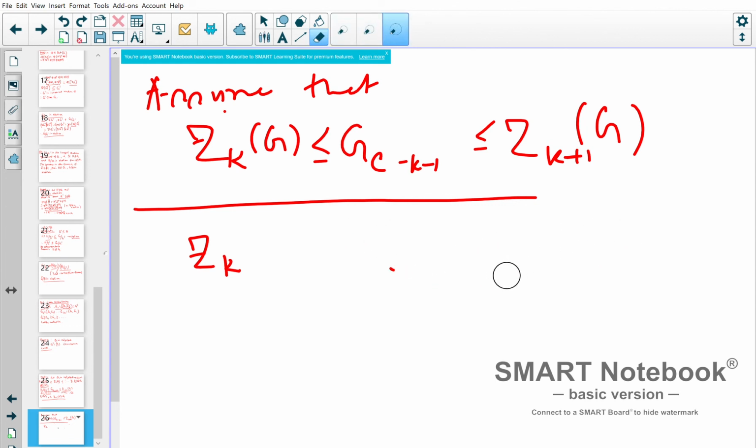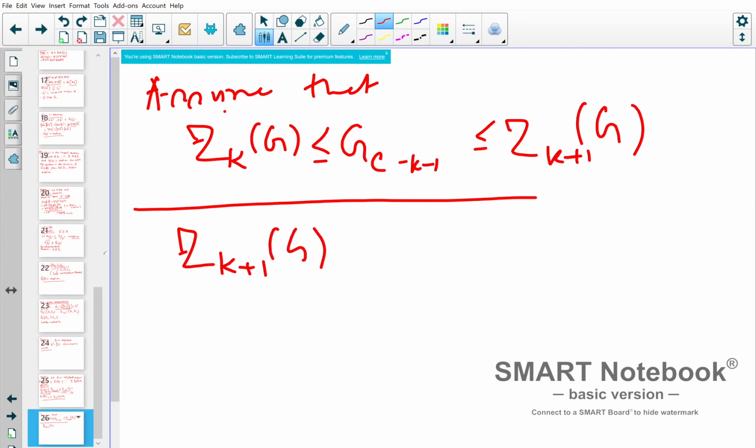Okay, so this is given. Now I need to check that Z_{K+1} of G and Z_{K+2} of G contain this other part. So what is the other part?